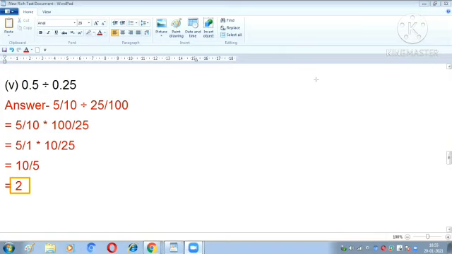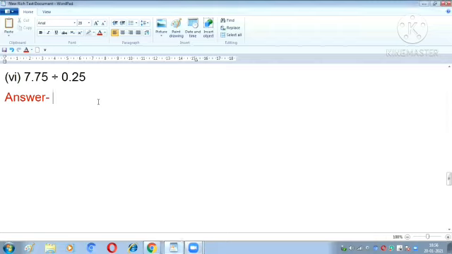So let's proceed to sixth bit. Friends, sixth bit is 7.75 divided by 0.25. So now we will write 775 upon 100 divided by 0.25, that means 25 upon 100.